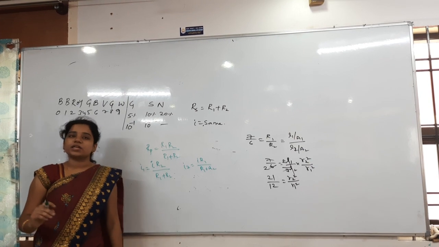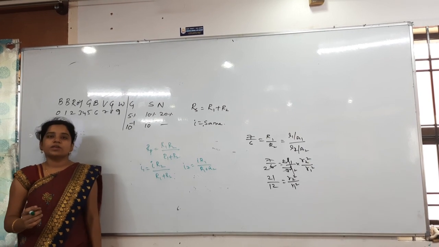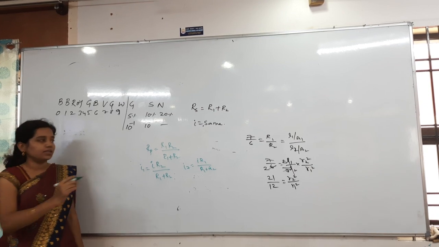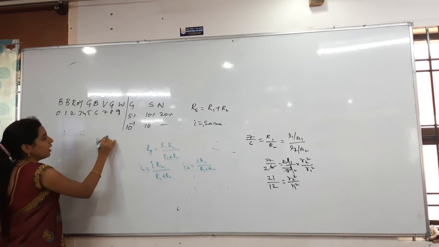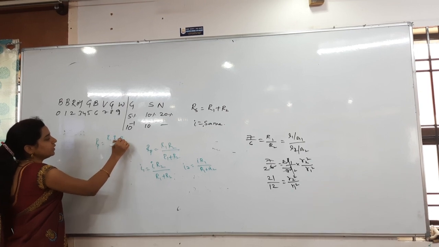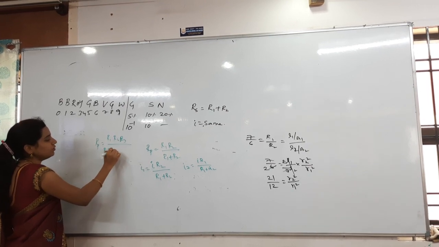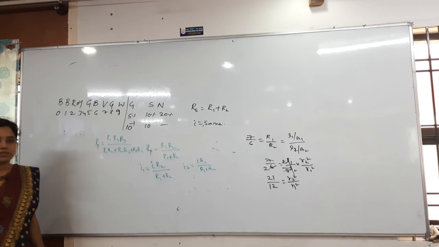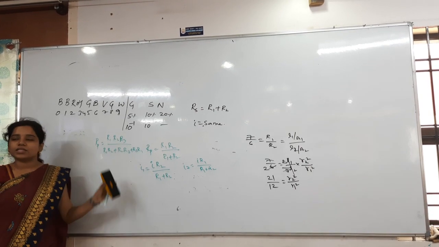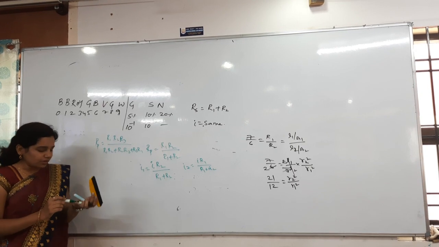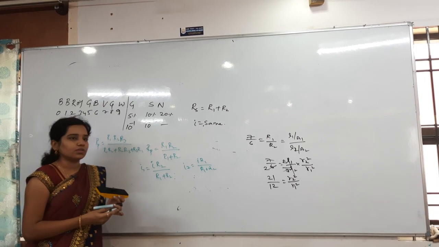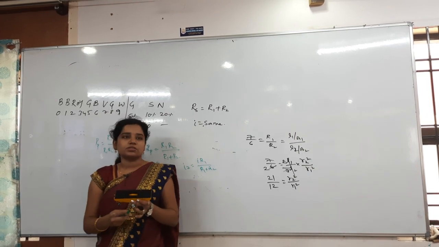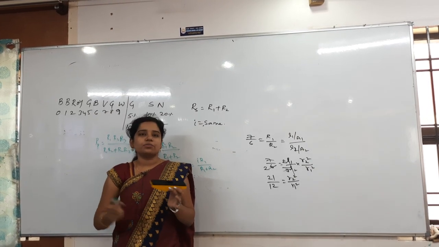That is the current distribution we have seen. And we have also seen the 3 resistor combination. In parallel combination, if you have 3 resistors, what is the formula you will get? R parallel equals R1 R2 R3 divided by R1 R2 plus R2 R3 plus R3 R1. That is the parallel combination of 3 resistors. These are the different methodologies we have seen for parallel and series combinations. After that we have seen some problems where we have to minimize the circuit.